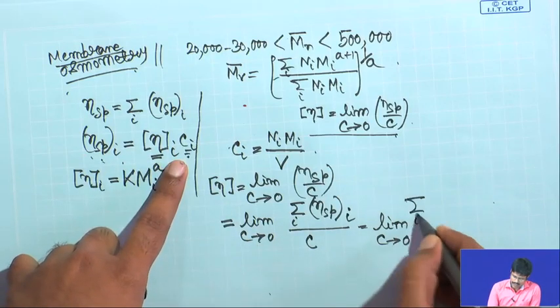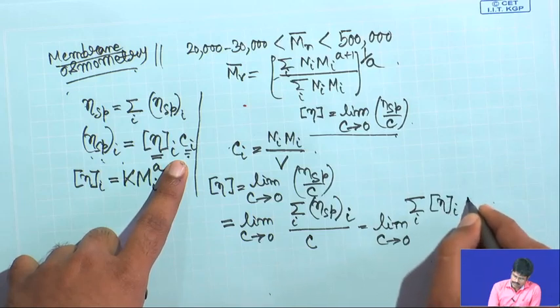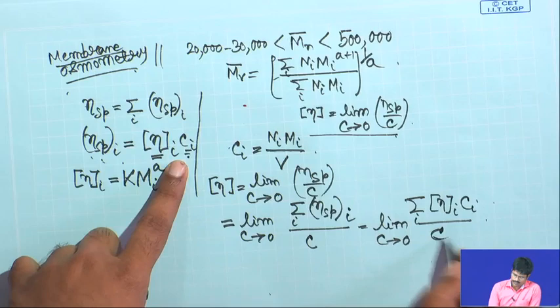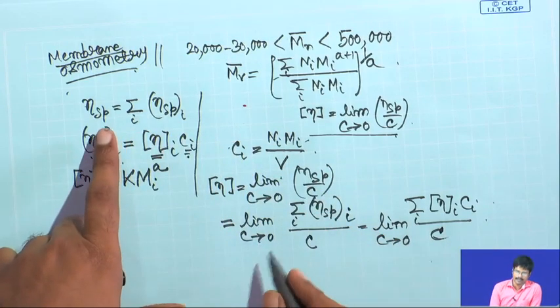So, sum over i of eta i into c i divided by c, and c i is N i M i divided by V, just replace that term here.